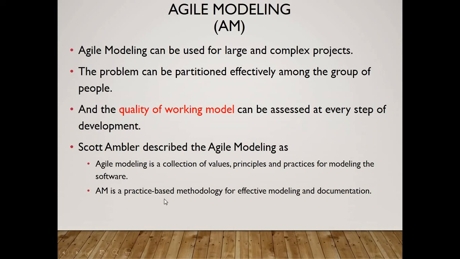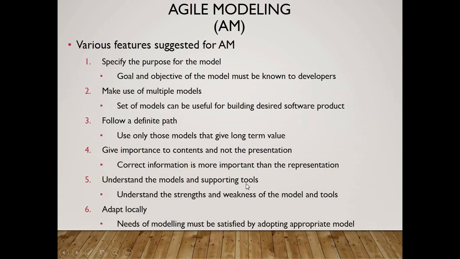Agile modeling is a practice-based methodology for effective modeling and documentation. Several features are suggested for Agile modeling. The first one is to specify the purpose of the model. In it, the goal and objective of the model must be known to the developers.